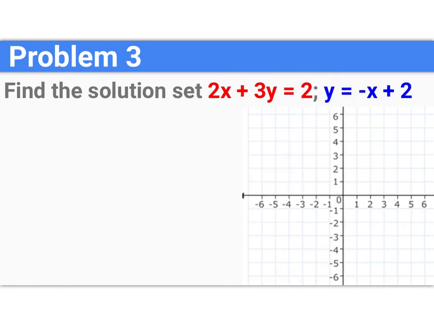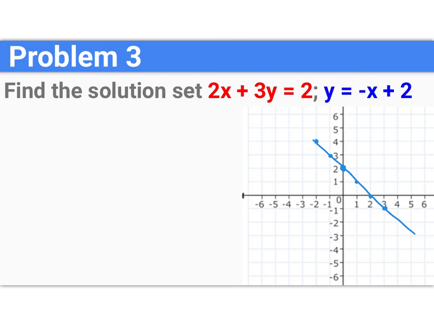Next problem. Okay, find the solution set. So let's graph the blue line first. Negative x plus 2: when x is 0, y is 2. We go down 1 and over 1, down 1 and over 1, down 1 and over 1. Okay, so this is the blue line.